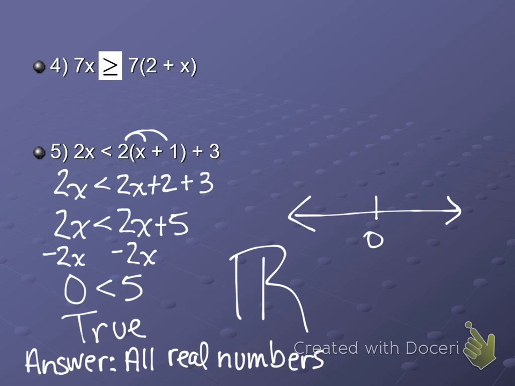Our graph for this, it's not empty. Everything gets shaded. The whole thing from front to back gets shaded in. So we don't have to put a single dot somewhere or worry about open or closed circle. The whole entire number line gets shaded for all real numbers.